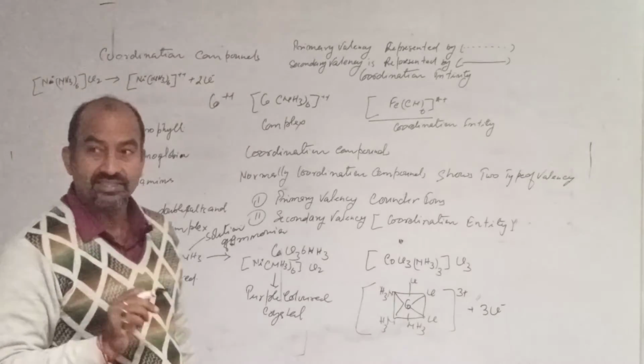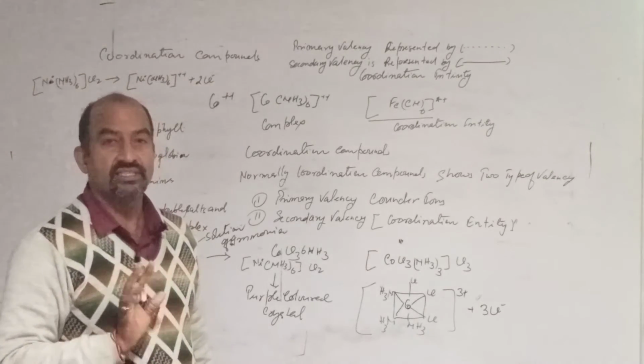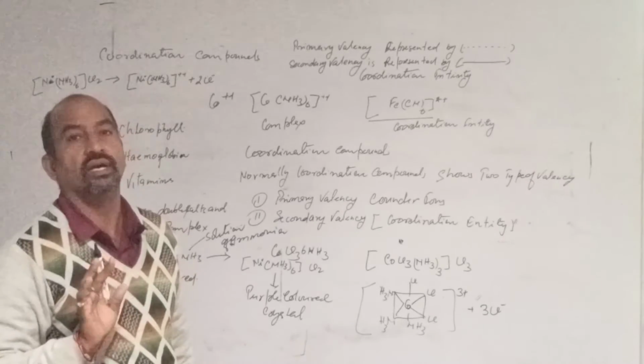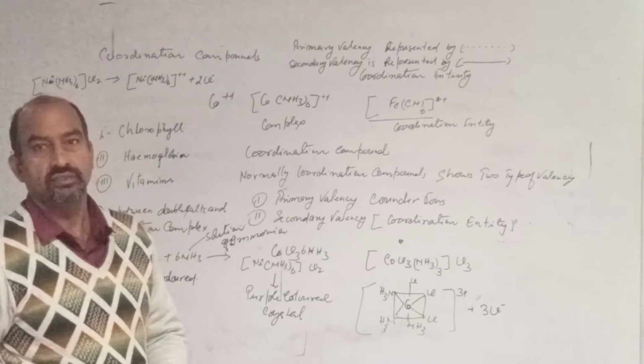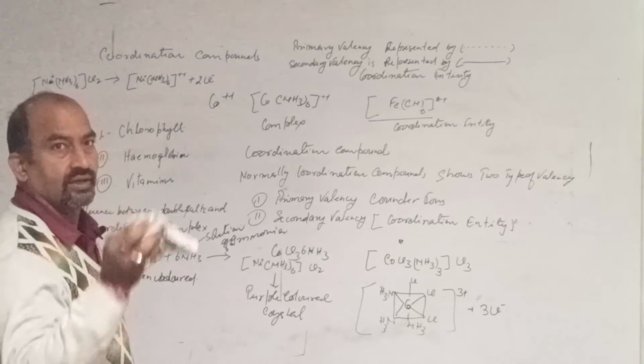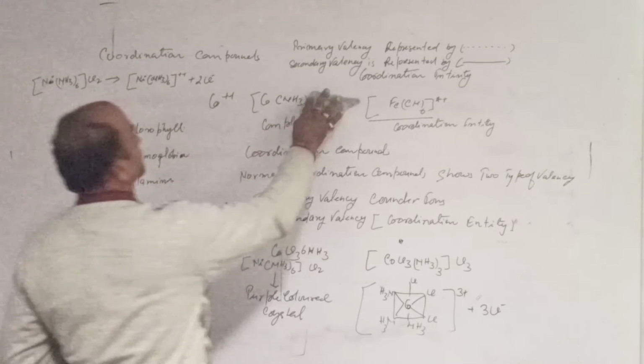Here Cl minus is known as the counter ion. Okay, so we'll realize it.